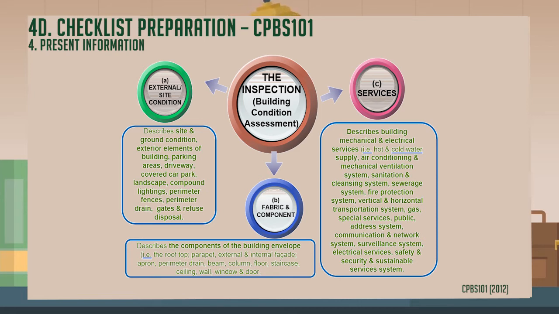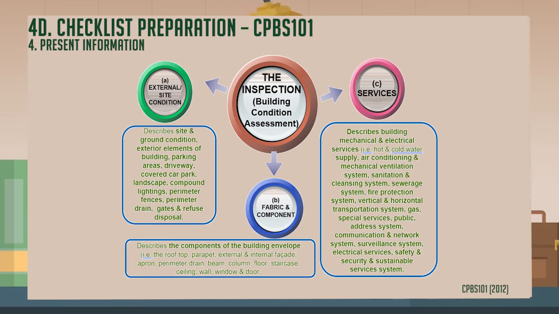Meanwhile, the fabric and component category describes the components of the building envelope, for example, the rooftop, parapet, external and internal facade, apron, perimeter drain, beam, column, floor, staircase, ceiling, wall, window, and door.